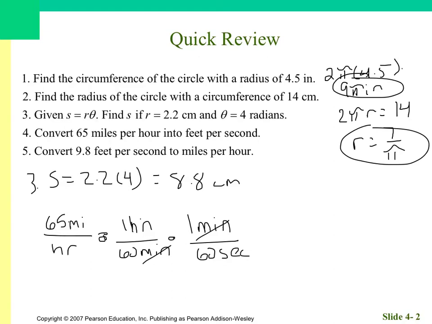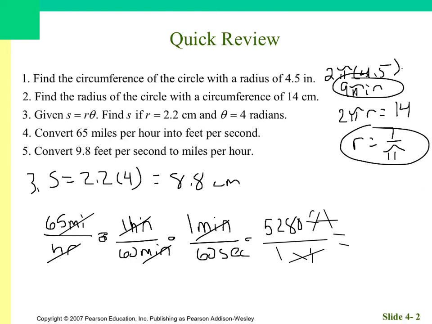So those cancel, and then you have to go 5,280 feet per 1 mile. So those cancel and those cancel. So get out the calculator and calculate that.